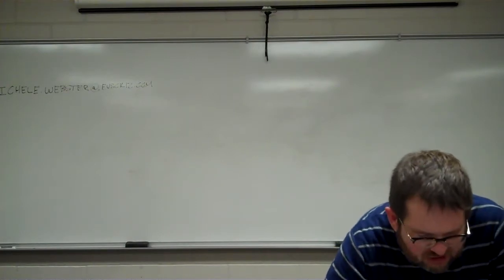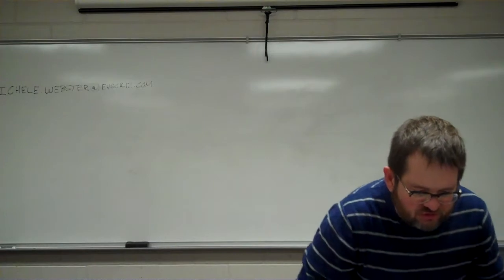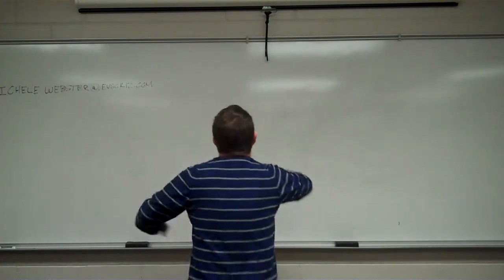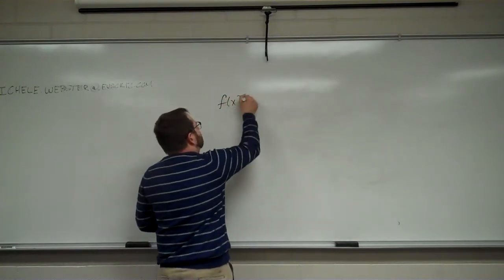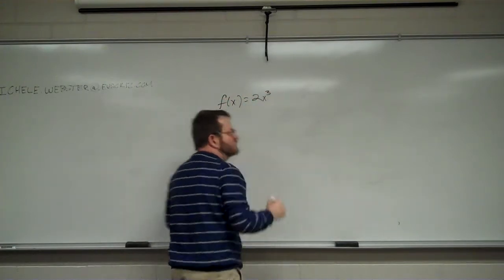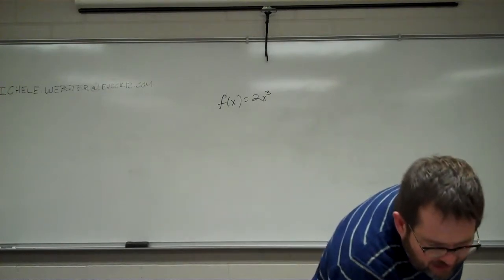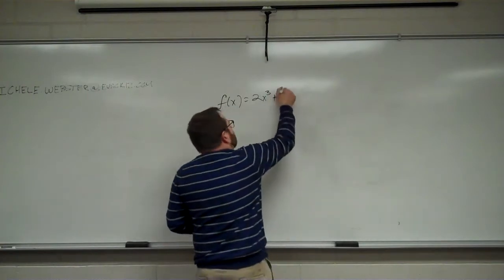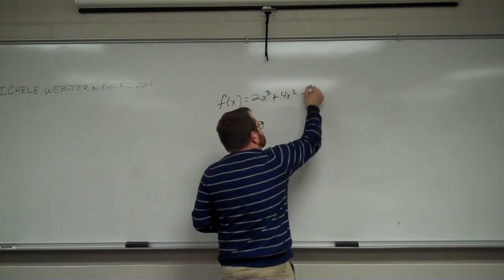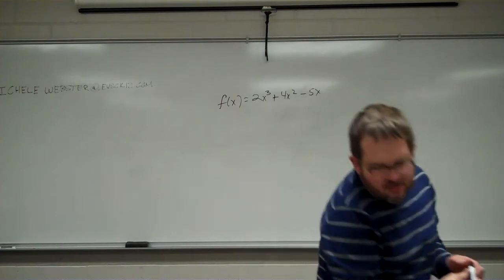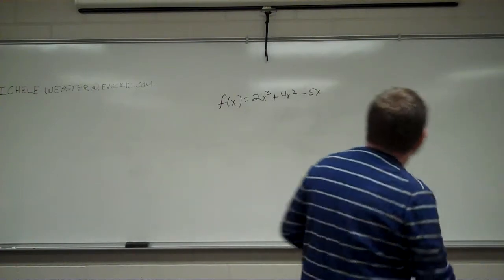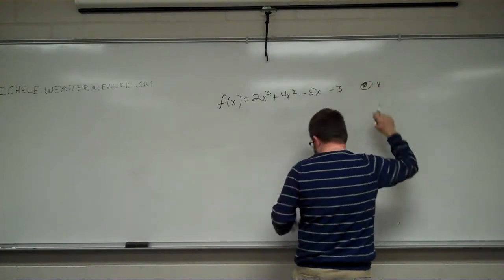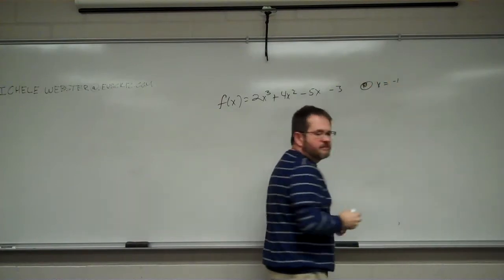Find the equation of a tangent line. f of x equals 2x cubed plus 4x squared minus 5x... What's the coefficient at the end? Minus 3, at x equals negative 1.